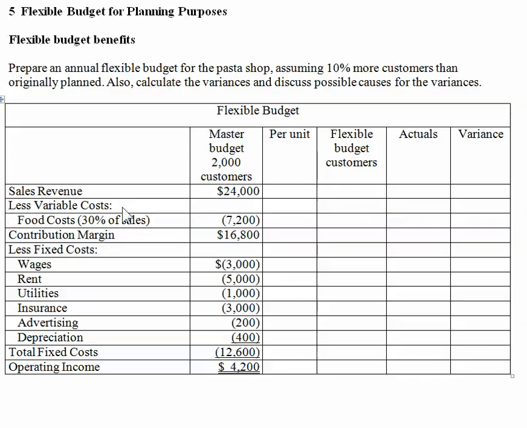Those are the costs that vary, i.e. increase as you increase your sales. And then you get what's called the contribution margin. That's the amount that will contribute to covering your fixed costs. The total fixed cost here is fixed. And once you've covered all of your fixed costs, the rest goes to operating income.